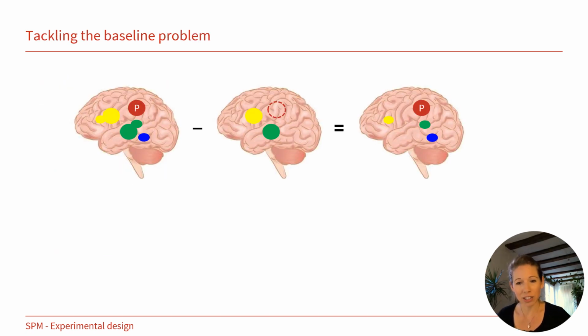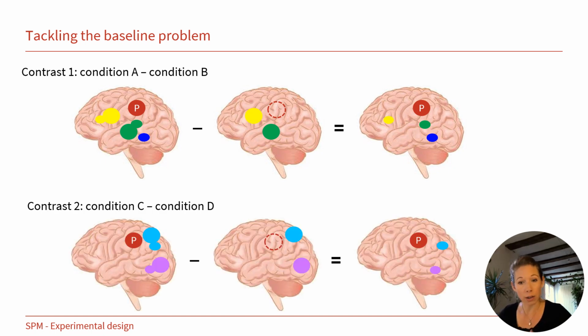So to understand conjunction, let's go back to this depiction where we are left not only with process P, but also with activation resulting from interaction effects in contrast one. Now let's assume we have a second contrast where we have subjects again engage in a specific task, including process P, and a control condition. It's different, but it has the same rationale and it includes the same process P. So in the contrast, we are left with functional activation related to process P, but also with other interaction effects.